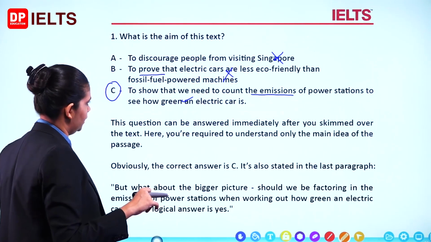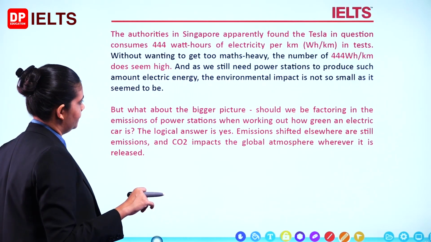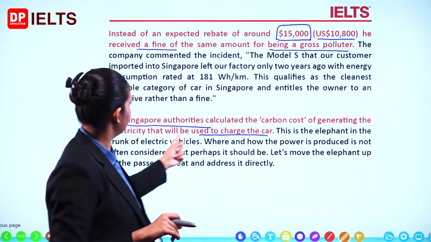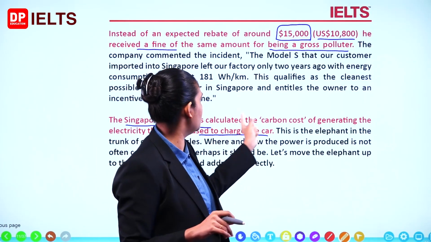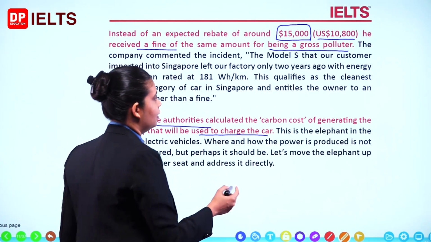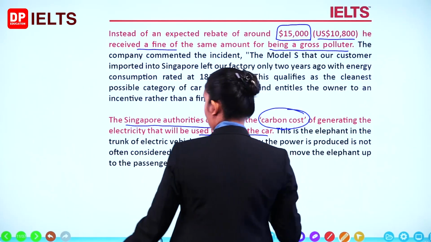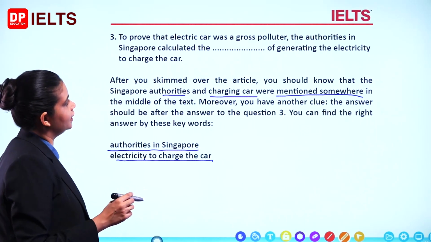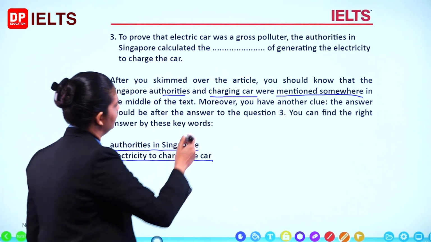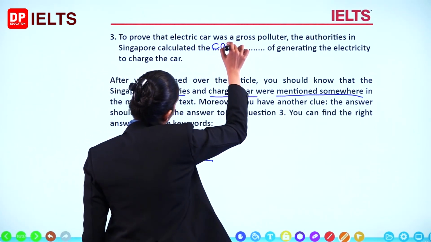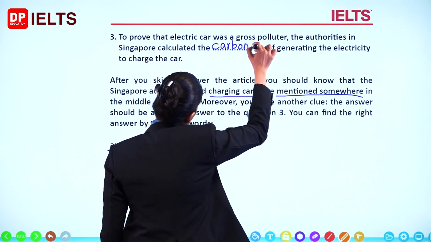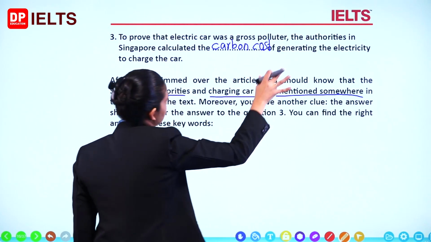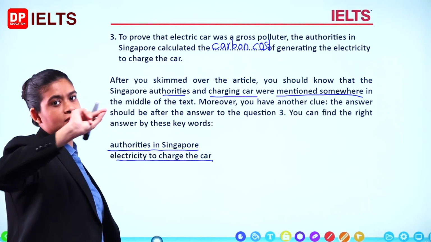So, if you go here, you can see both are there. So, what did they calculate? The carbon cost. So, that is our answer. What did they calculate? They calculated the carbon cost. So, these are short gap fills.